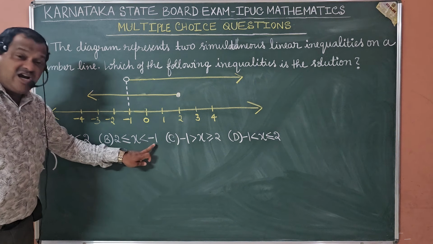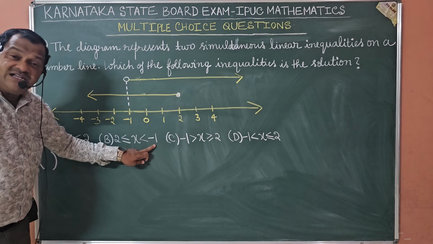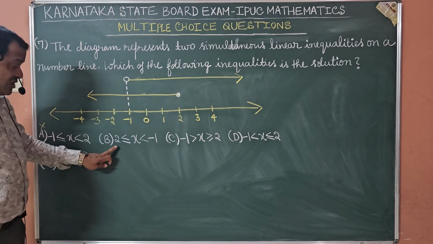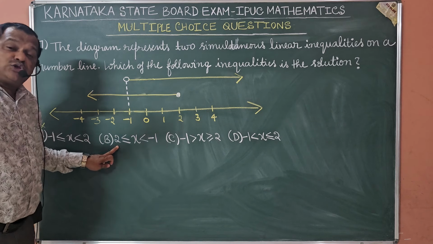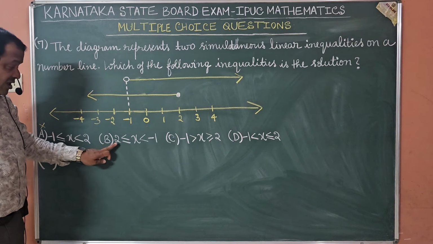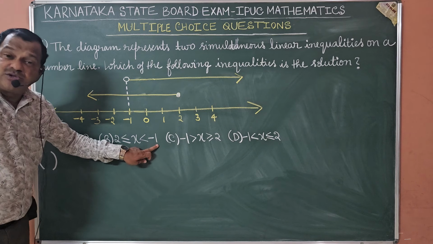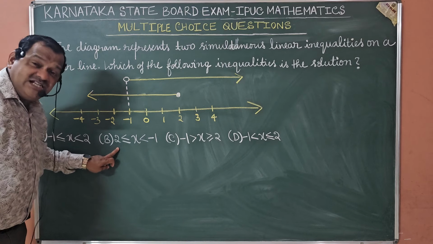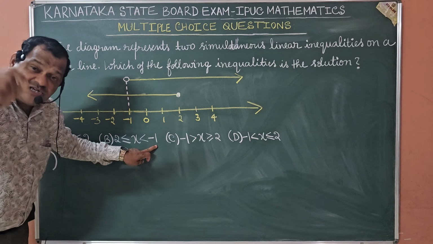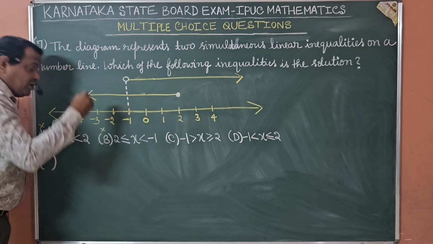In the second option minus 1 is not included, but actually the second option is totally meaningless because they have given 2 is less than minus 1. Can it happen? Can 2 be less than a negative number? That is why option B is ruled out.